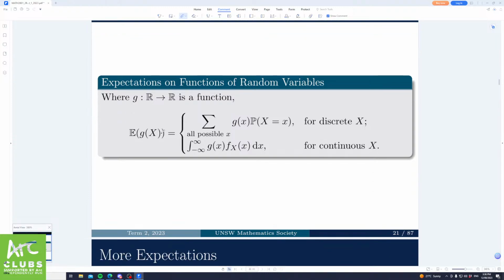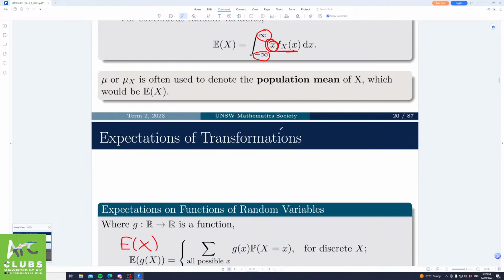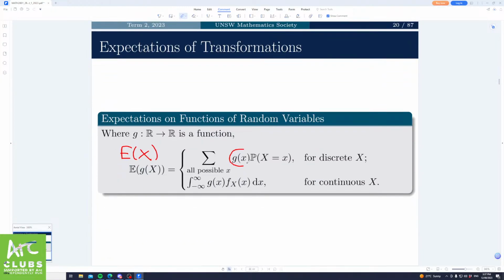Now, when we're not trying to find E of x, when we're trying to find E of some function of x, well then it's the same thing as before, but we are now replacing these scores, x, in the calculations with our new function, g of x.